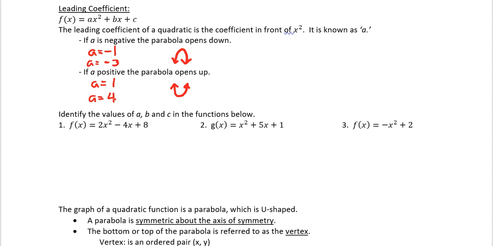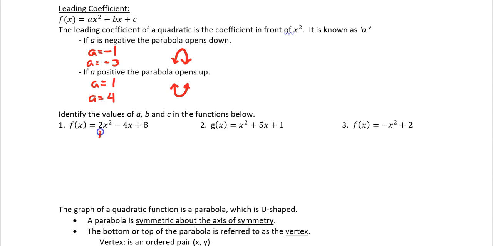So in the next section, it's being connected to that leading coefficient. It says identify the values of a, b, and c in the function below. And as we do that, I'm going to have us state which direction this will open. So in number 1, it reads f of x equals 2x squared minus 4x plus 8.